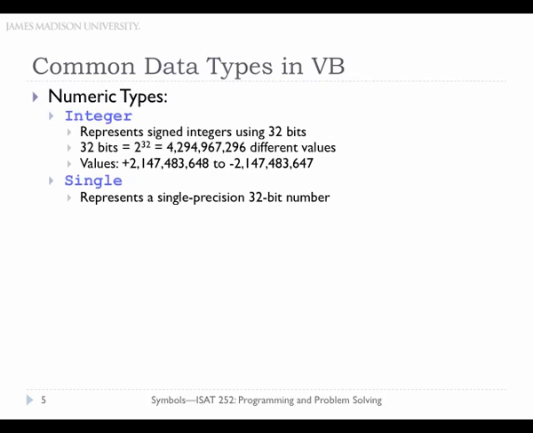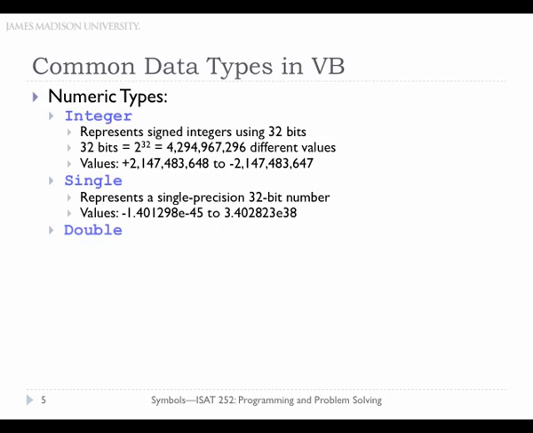A single represents a single precision 32-bit number. This is a number with decimal places, and it can represent values from negative 1.401298 times 10 to the negative 45 all the way up to 3.402823 times 10 to the 38th power. So that's quite a broad range of numbers.